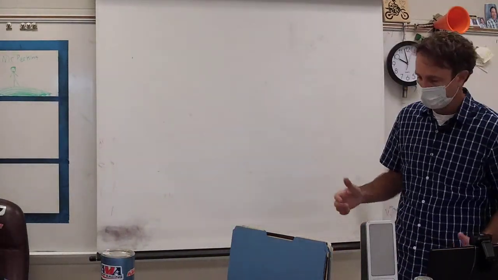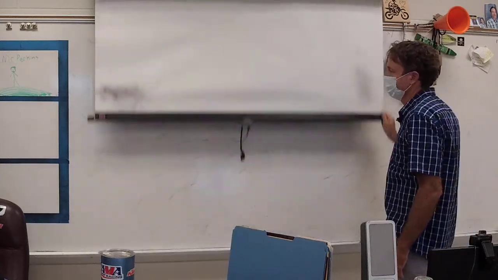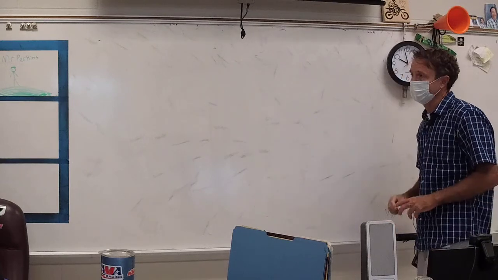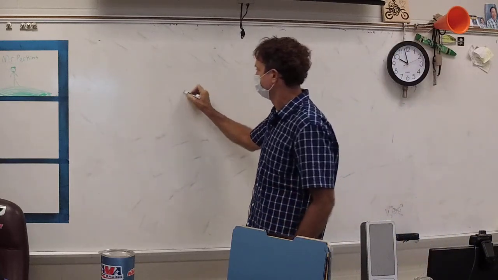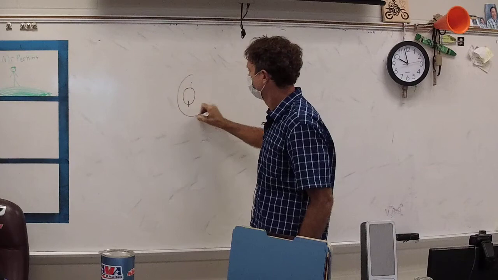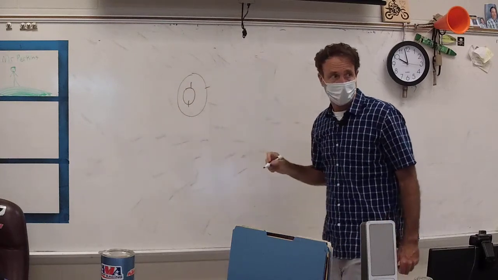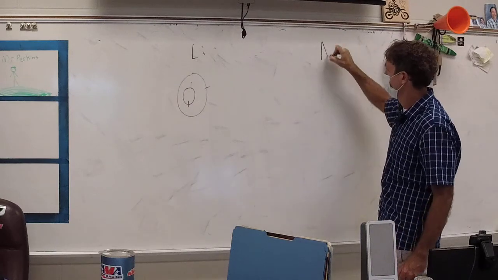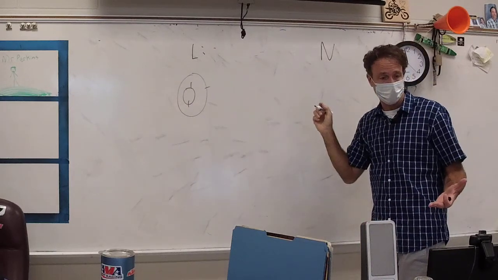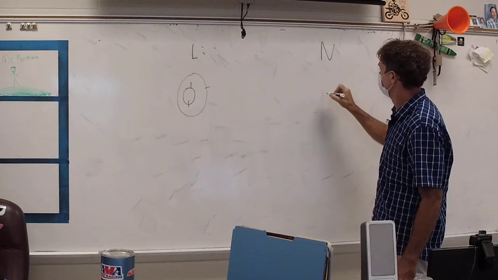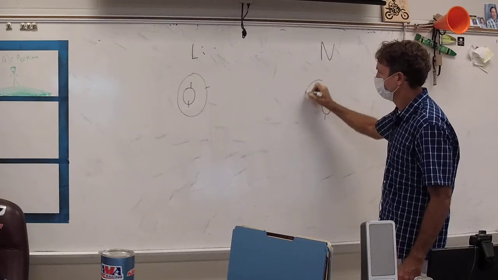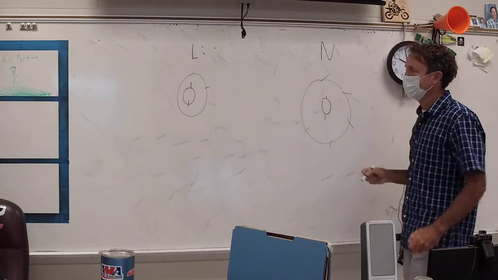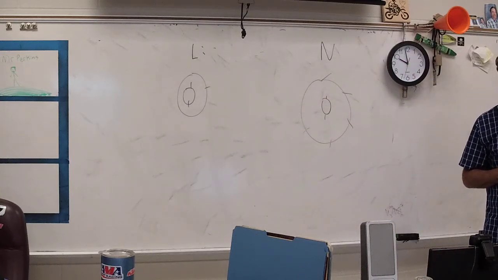If you glanced at a Bohr model, you might expect, let's do a Bohr model of lithium. And you would expect that a Bohr model of, say, nitrogen, which is further to the right on the same row, right? You might expect that a Bohr model of nitrogen will be bigger because it has more electrons in its outer shell, right?